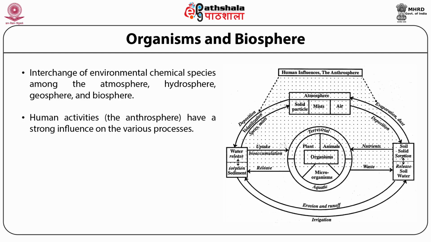For example, human influence in the anthrosphere has impact on the atmosphere as well as the biosphere. Generally, the atmosphere, as I already mentioned, has most gases interacting with the biosphere. In this atmosphere, a lot of solid particles, mist and air evaporate and make deposition in the form of soil solid sorption and release of soil water.